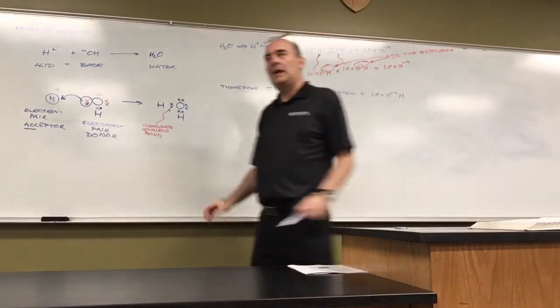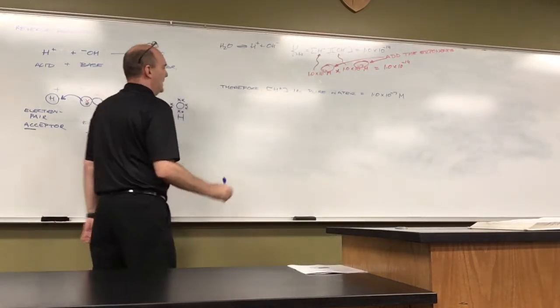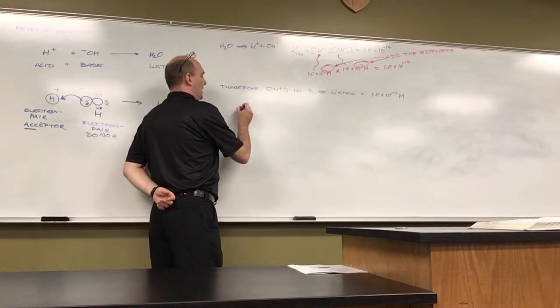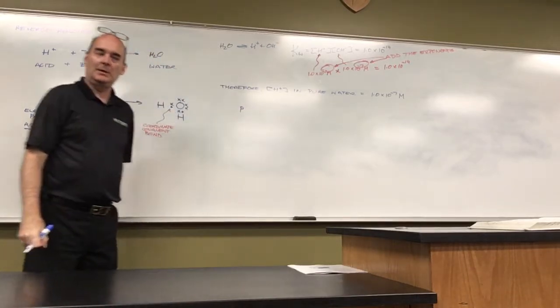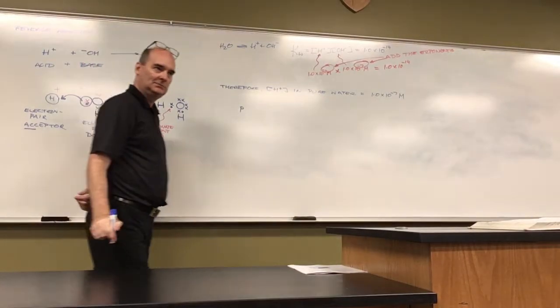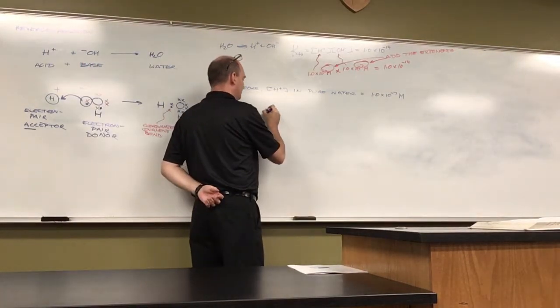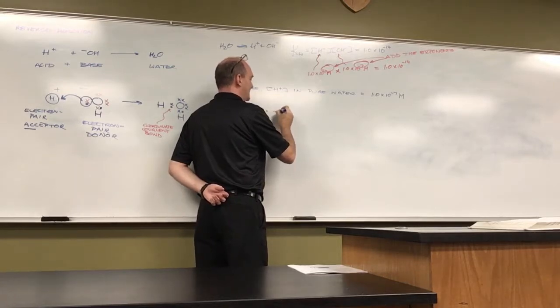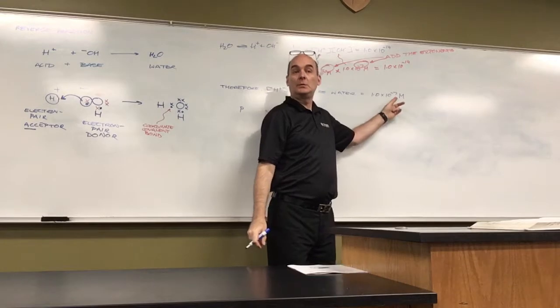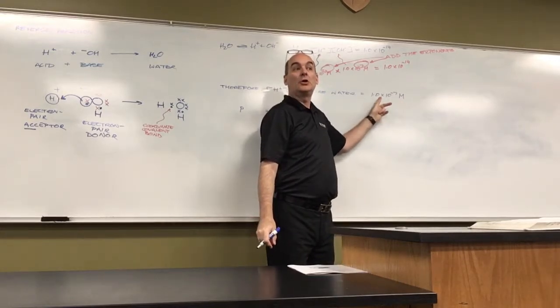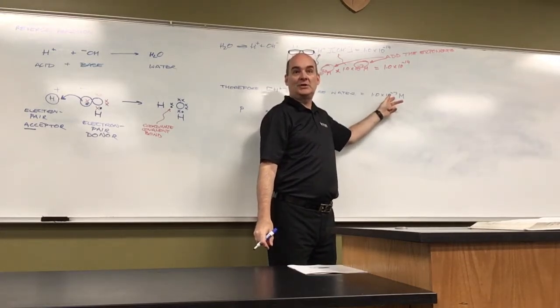Now, there is a mathematical function, and that mathematical function is called p. The p of a number is the negative log. Our numbers are less than 0, and the log of any number that is less than 0 has a negative value.